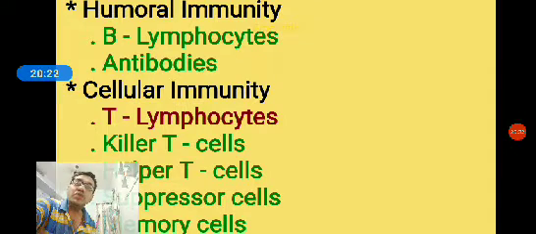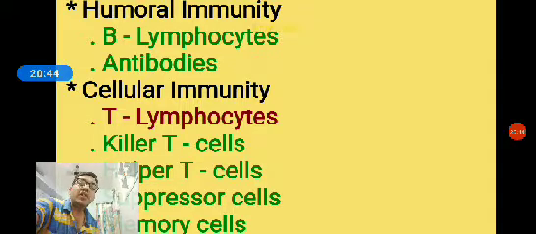On the basis of lymphocytes, the acquired immunity is classified into two types: humoral immunity and cellular immunity.